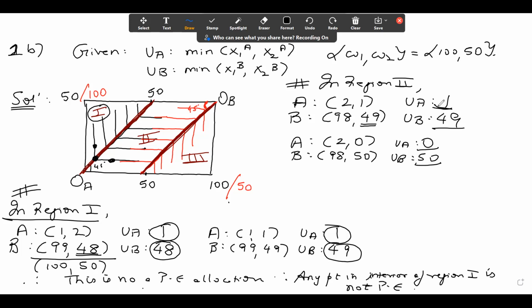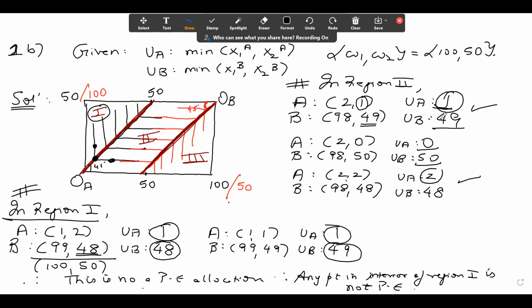Similarly, try to make A better off now. A becomes better off if A gets 1 more unit here. Suppose B gives that unit to A. Then this will be my new allocation. Utility which A gets is 2. Utility which B gets is 48. Compare this with this. A has become better off again by making B worse off.